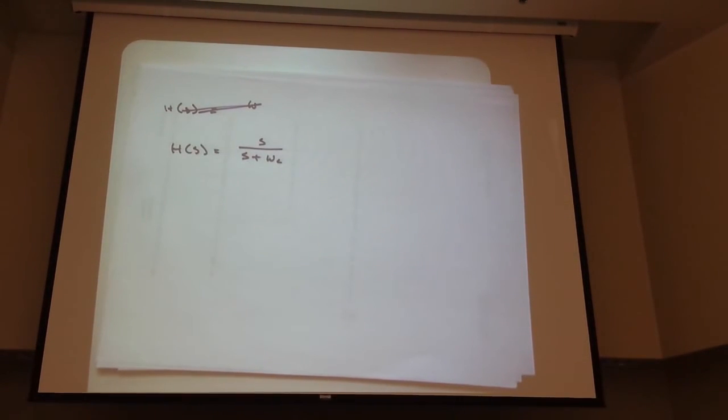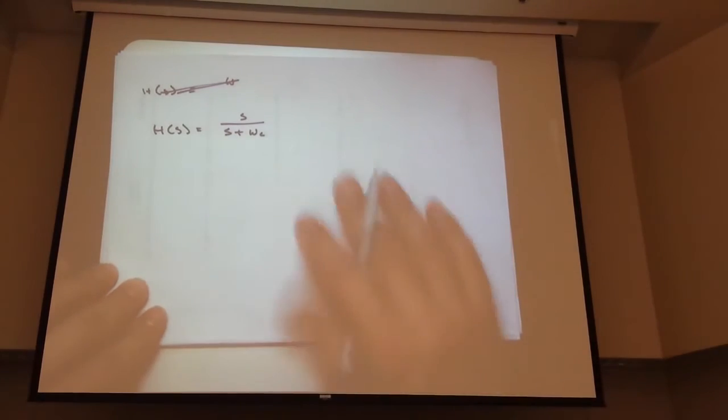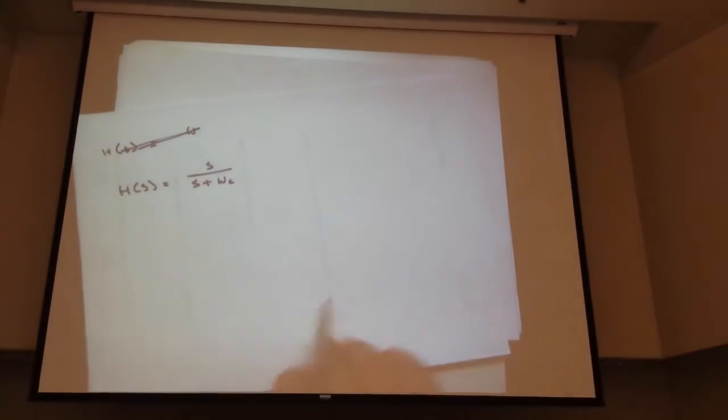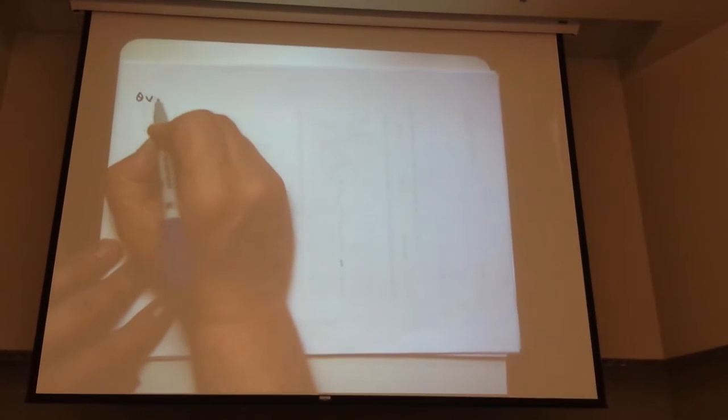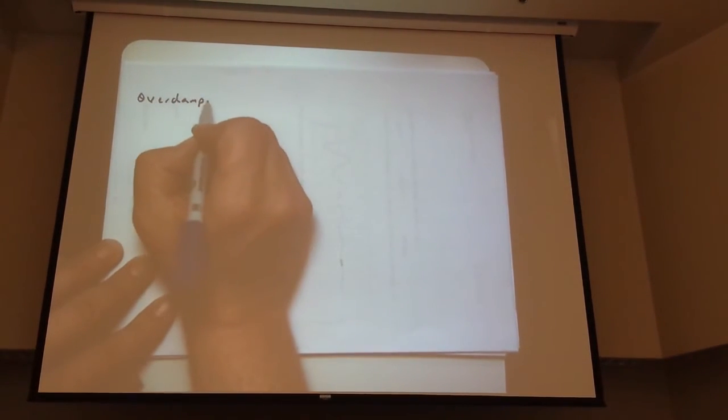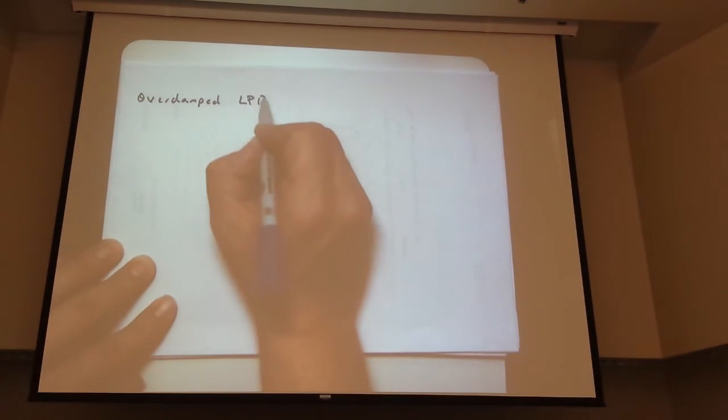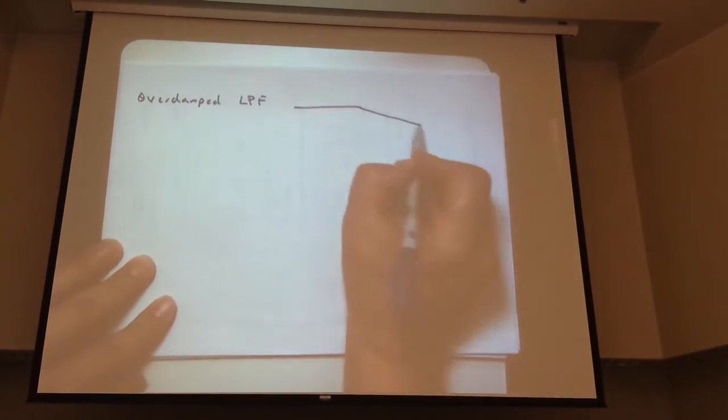So real poles have minus 3 dB correction. Underdamped depends on the two times the damping ratio. So again, to go back to what we just looked at, an overdamped low-pass filter. It looks like this.